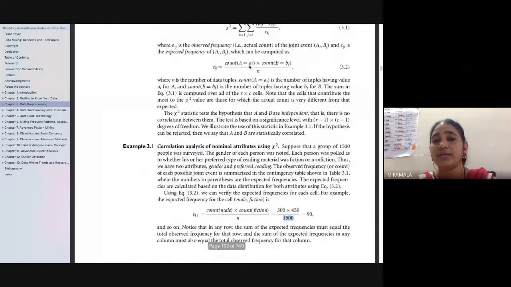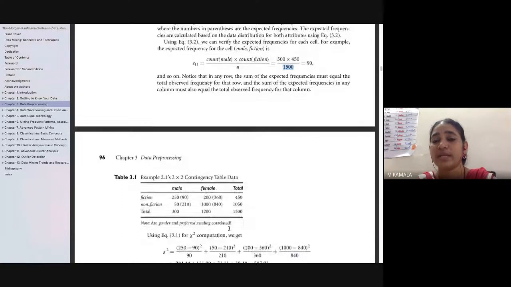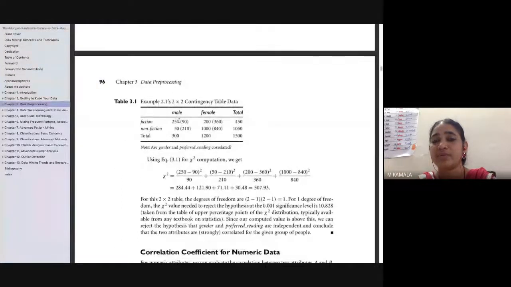You can take i equal to 1 to C inside, or j equal to 1 to R outside. You can take anything, because we are just computing the summation of all this. Taking this, you get the chi-square value, 507.93.